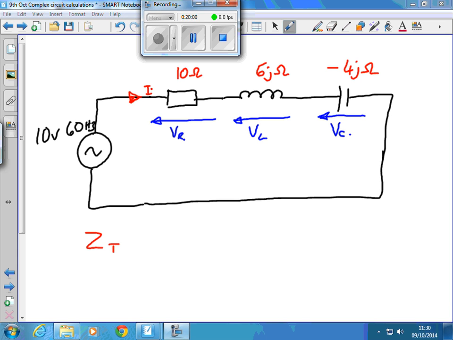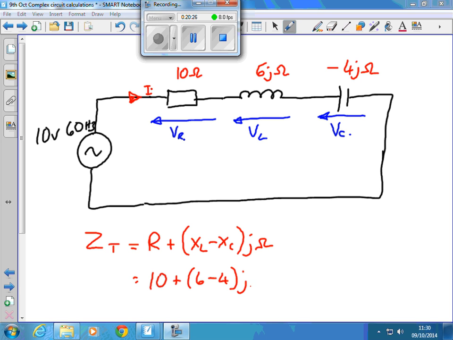So ZT, as we've already said, is R plus (XL minus XC) j ohms. Okay, so that's going to be 10 plus 6 minus 4j, which is 10 plus 2j ohms overall.